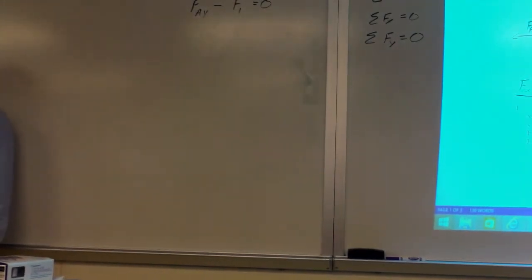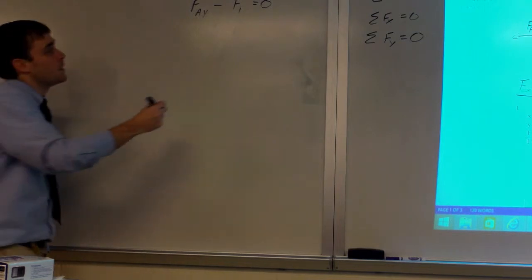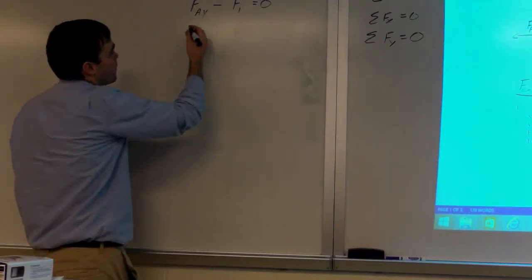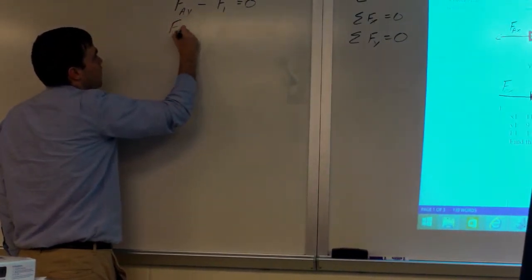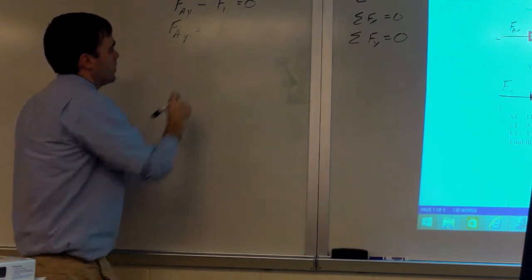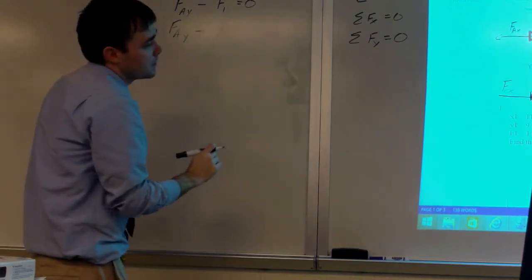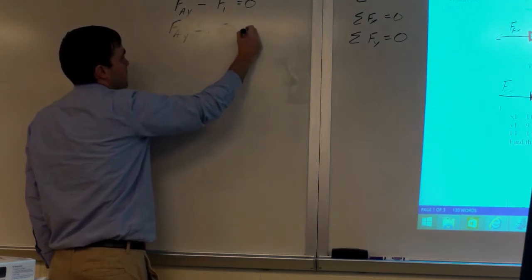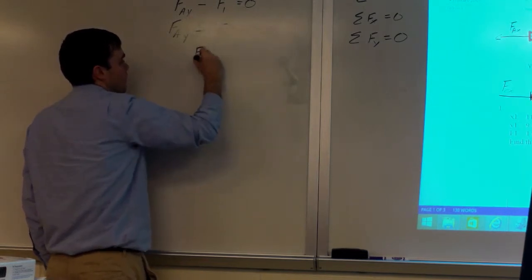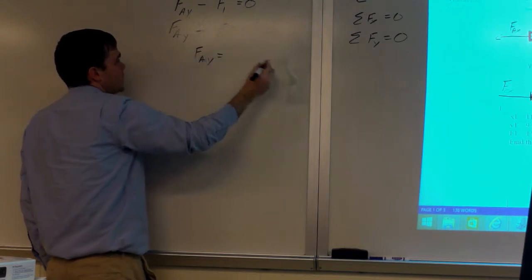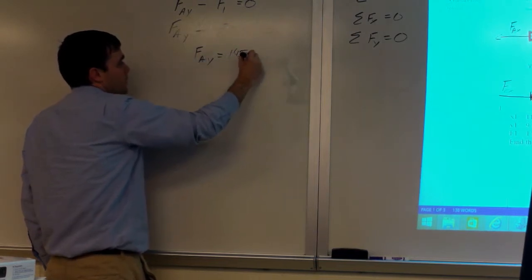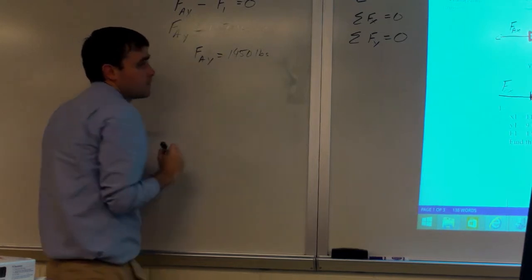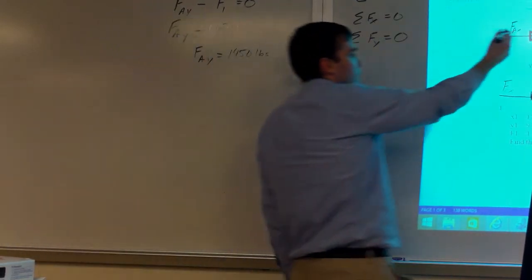Because F1 is pointing down, and everything in the down direction we make negative. So FAY minus 1,450 pounds equals 0. FAY equals 1,450 pounds. So I'll write that in up here.